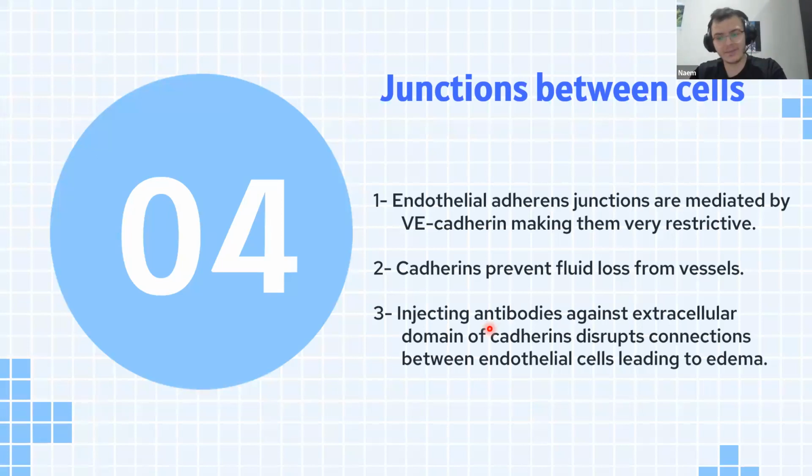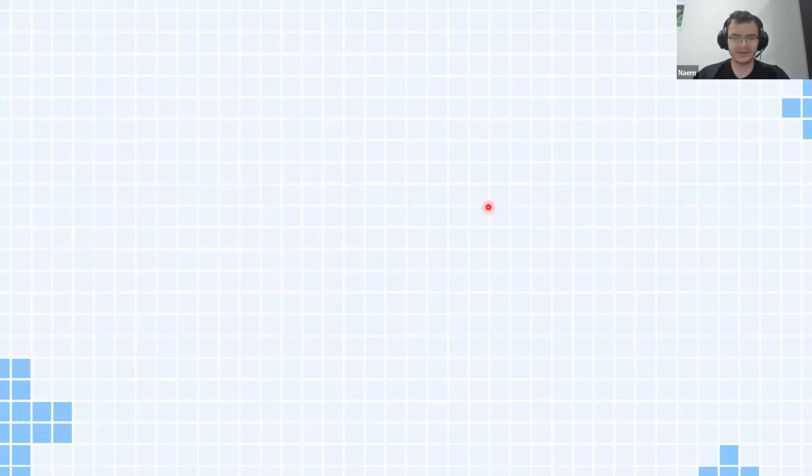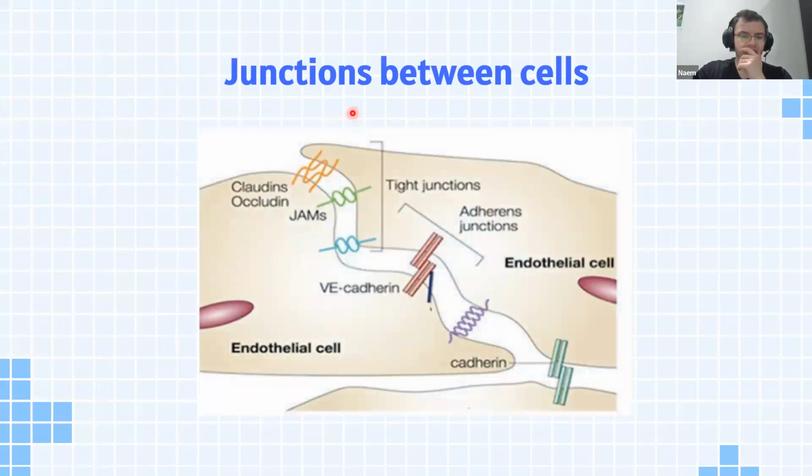Basically, edema is going to happen because there is leakage and fluid is going outside to the interstitial fluid. It's as simple as that. Is it clear? Again, these are the tight junction molecules, and these are the VE cadherins that make the adherent junction, which does not allow any fluid passage.